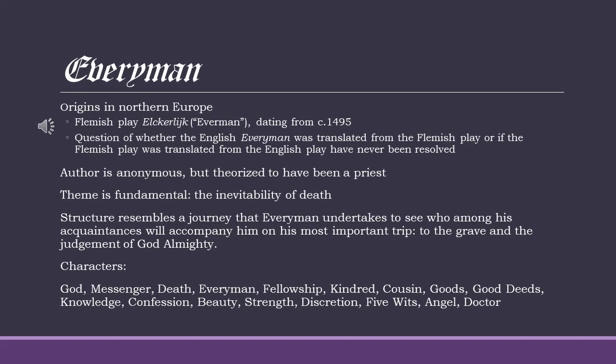Now we will assign characters for our read-through. So one or two of you will each read for this character, and we'll also need someone to read the stage directions.